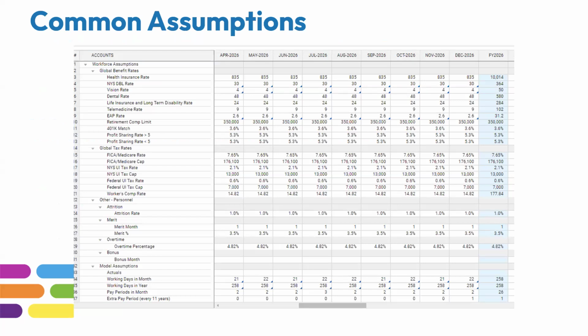A lot of these calculations are assumption based. So this is a snip of a typical assumption sheet where we can enter rates for our various benefits. We can enter tax rates, whether they be global or statewide. We can include assumptions around attrition.